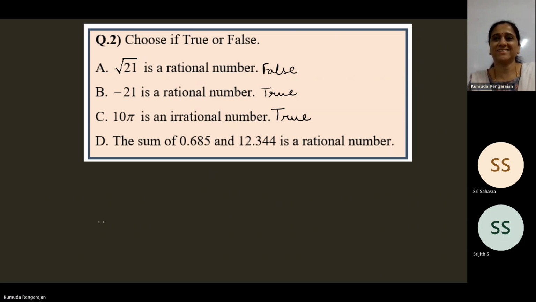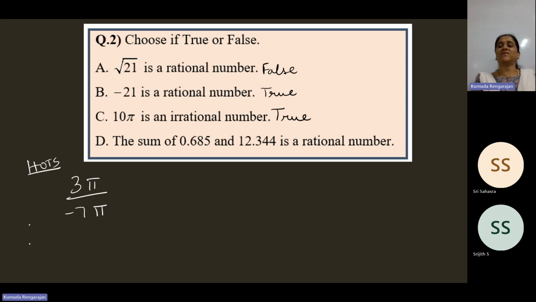Okay. What about this one? What about 3 pi by minus 7 pi? Rational or irrational? Irrational.